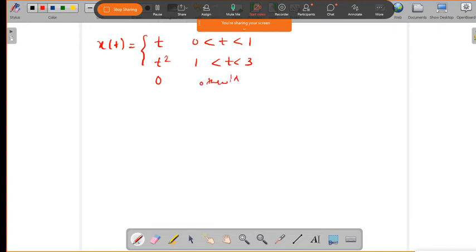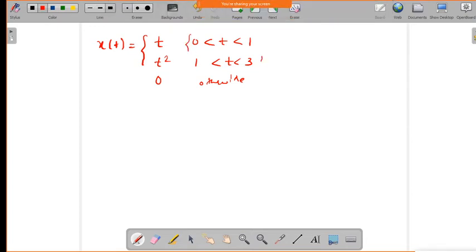Now find out whether this signal is an energy signal or a power signal. Since it has a finite value, it is only from 0 to 3, it will be an energy signal.